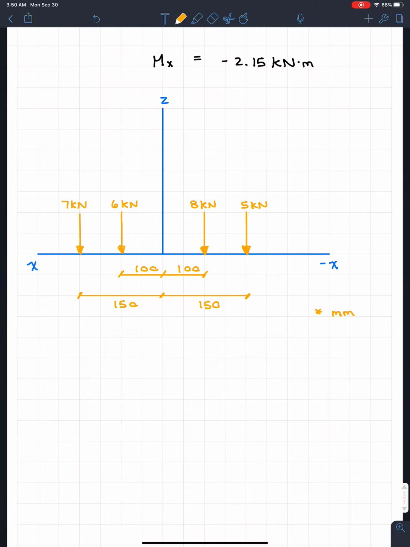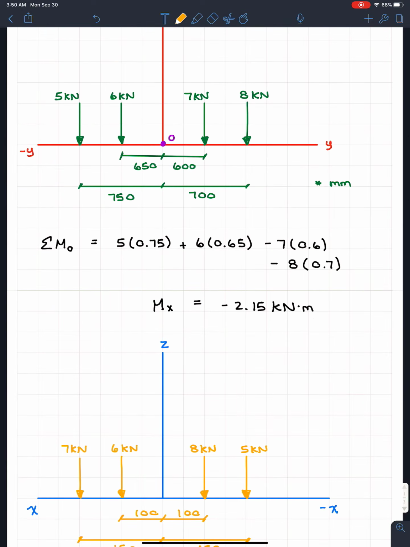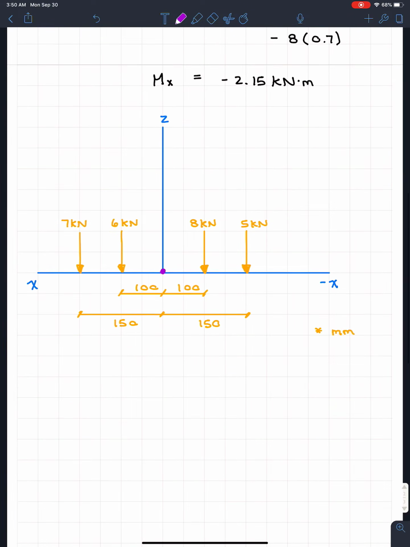So we can do the exact same thing we did before and start taking the moments about the center point. I did the center point in purple last time, so let's stick with that. Remember, this is still point O right here.